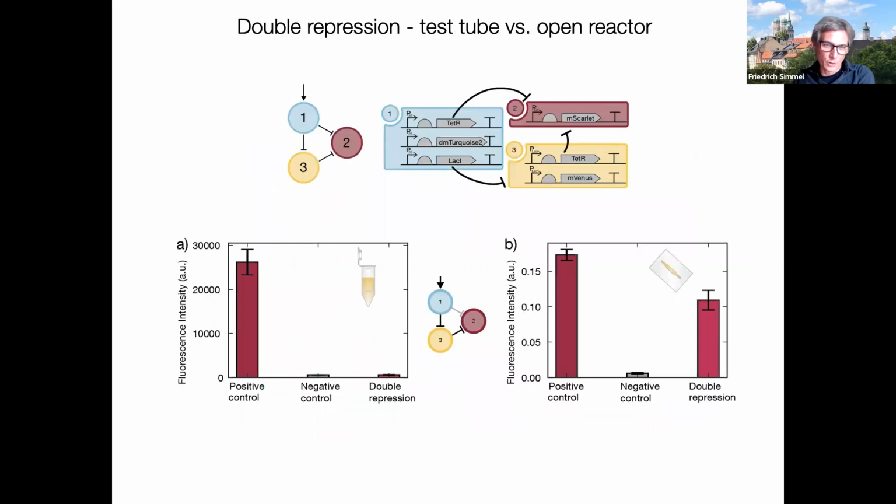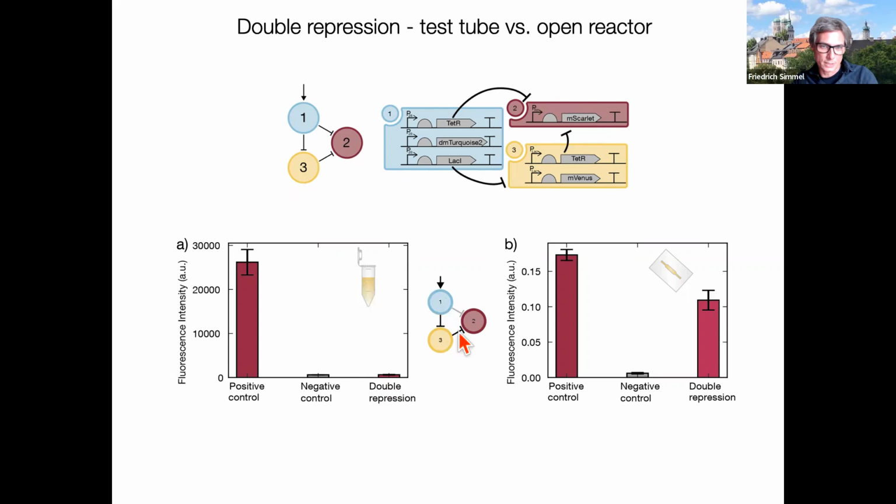And now the only point that I wanted to make here is the following. When we put this system with the corresponding plasmids into a cell extract in just a reaction flask or vial, then the double repression, which is supposed to act like an activation of M scarlet, doesn't lead to anything.